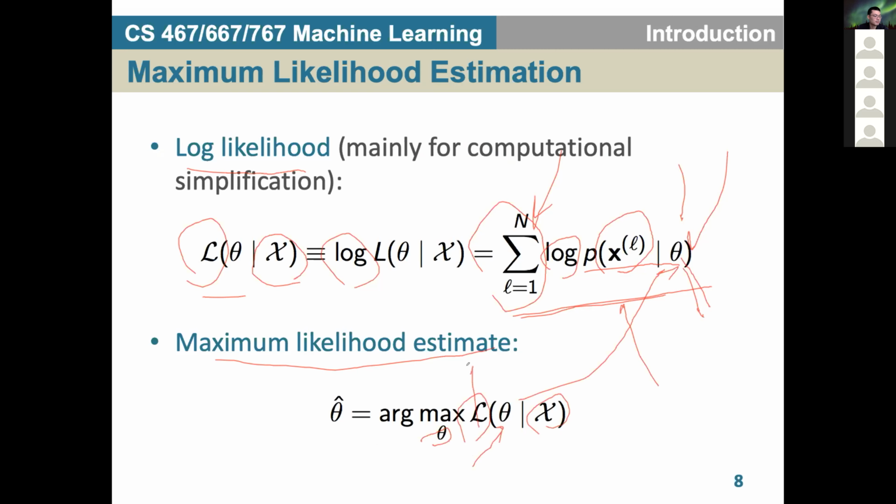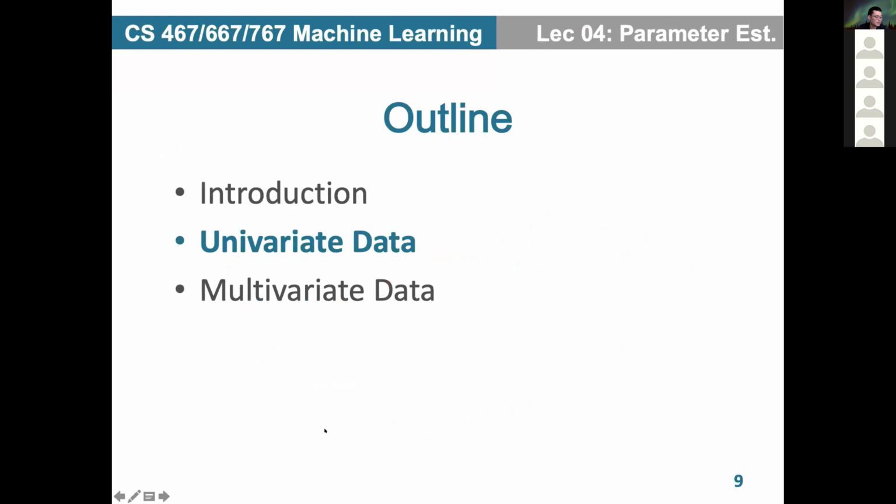This L value is the most likely. Usually we use theta hat, which means the estimated value of theta, to denote the estimation. Maybe the underlying theta is not this theta. This is our best estimation.